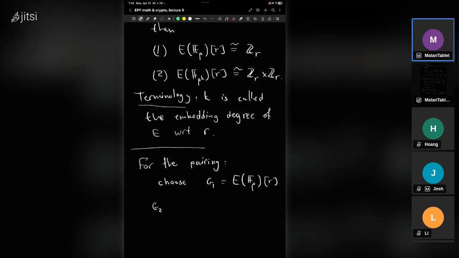G2 is going to be a subgroup of the R torsion points over Fp to the K, where K is the embedding degree.